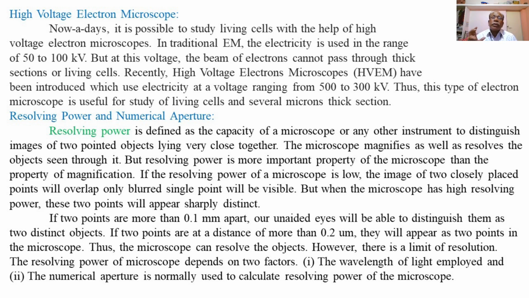If the resolving power of the microscope is low, the image of two closely placed points will overlap, and only a blurred single point will be visible.